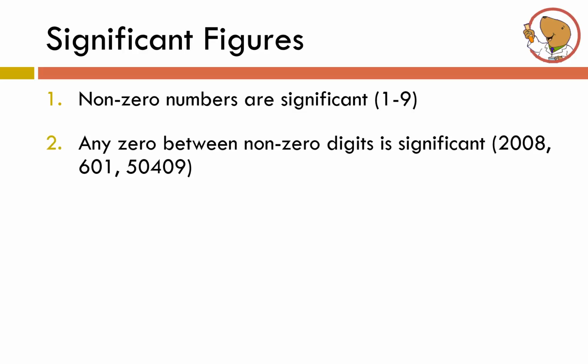If you end up with a zero that's between two non-zero digits, those zeros are significant as well. So in the measurement 2008, we have a total of 4 sig figs. Both these zeros are significant. In 601, we have 3 sig figs again. That zero is significant. In 50,409, these zeros are significant, so there are a total of 5 significant figures.